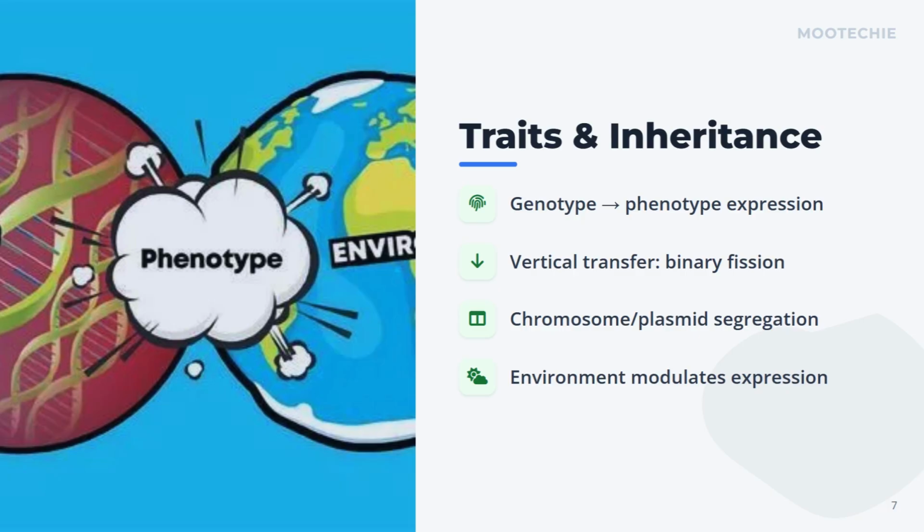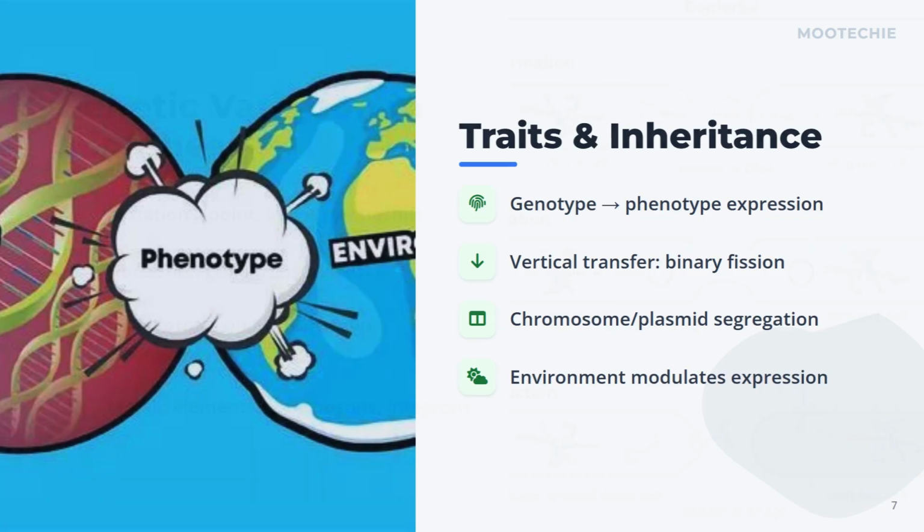During this, correct chromosome or plasmid segregation is vital to ensure each new cell gets the necessary genetic material. Furthermore, environment modulates expression, meaning factors like temperature or nutrient availability can turn genes on or off, influencing the final phenotype without changing the DNA sequence. The diagram reinforces this, showing phenotype as the product of genotype interacting with the environment.